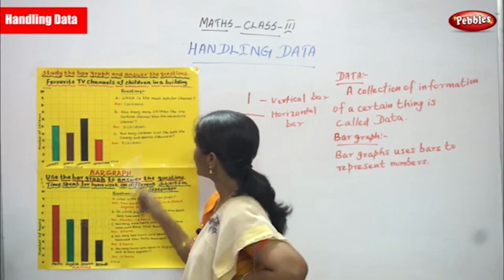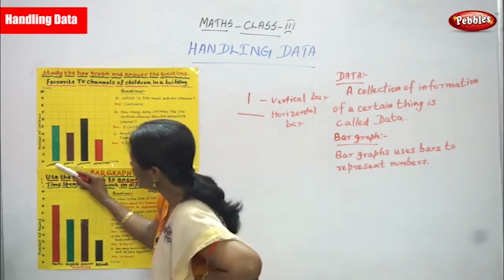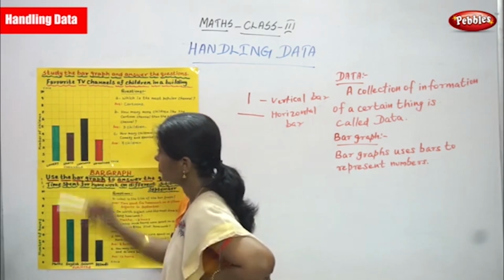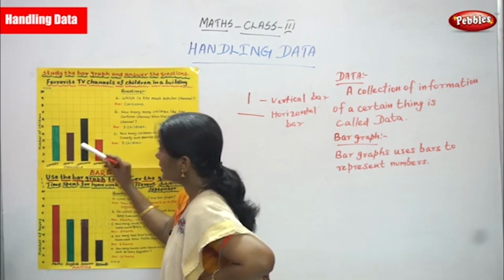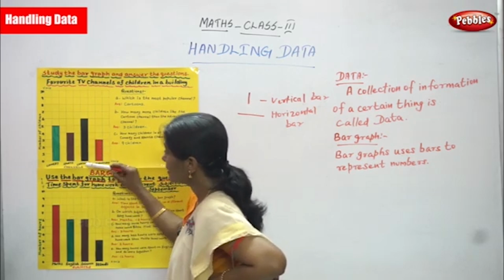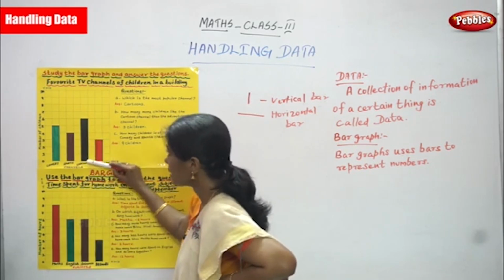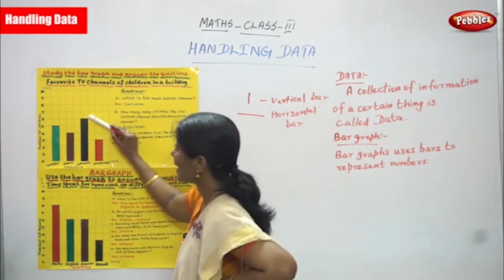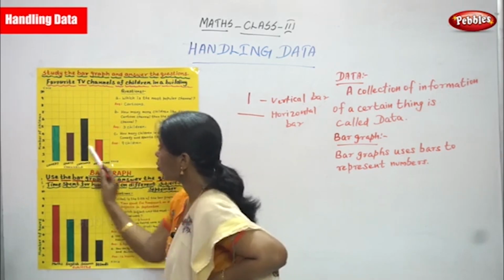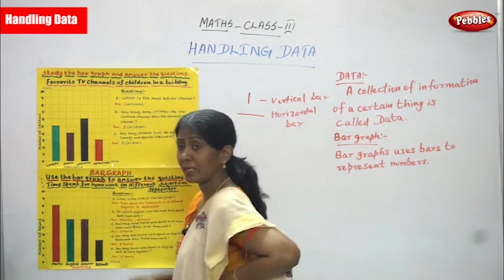The comedy channel's vertical bar goes from 0 to 5. The sport channel's vertical bar goes from 0 to 4, and the cartoon channel's goes from 0 to 6. So this is the highest vertical bar. Compare all the vertical bars, it is the highest.